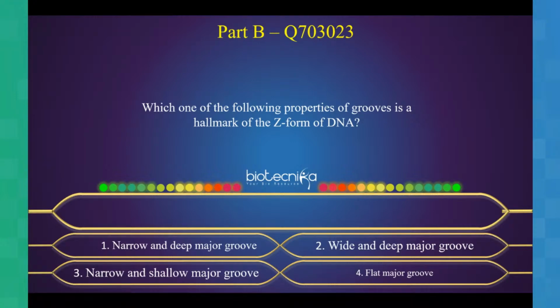Anyone else? Come on, students, give me your answer. What is the difference between all this? A, B, Z DNA, what is the difference between them?